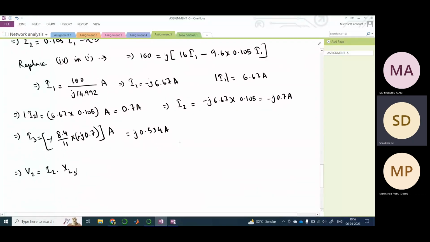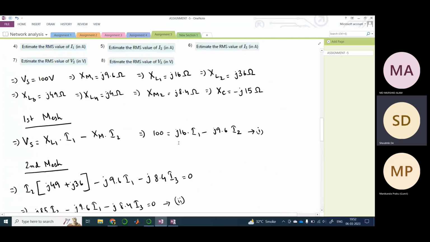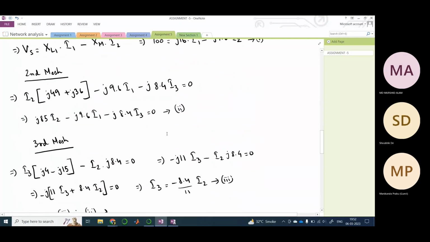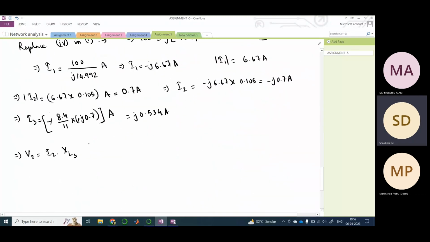So I2 into XL3, minus, obviously there would be a minus, I3 into XM2, right? Here we need to consider the actual values, we can't consider the RMS values.